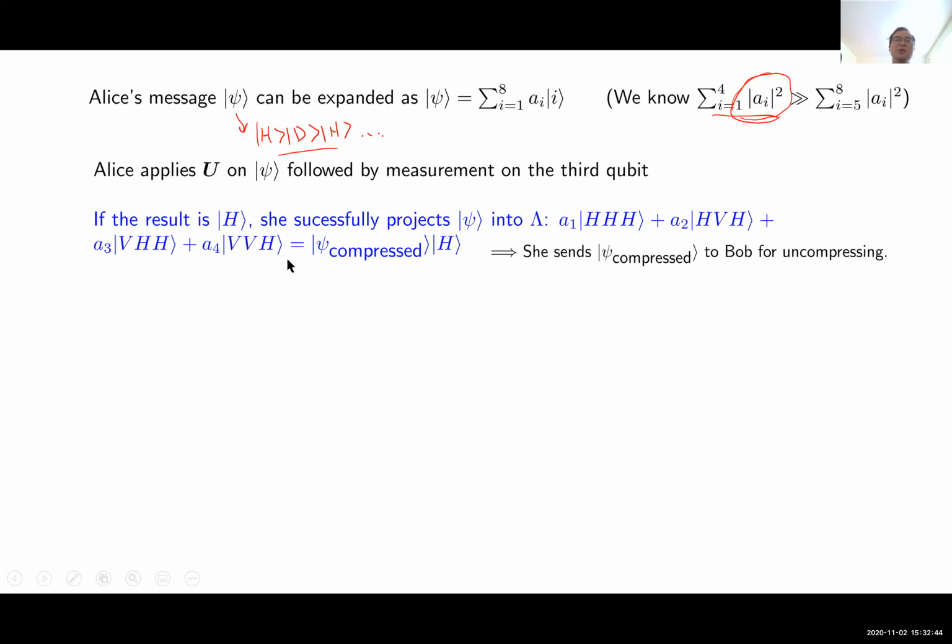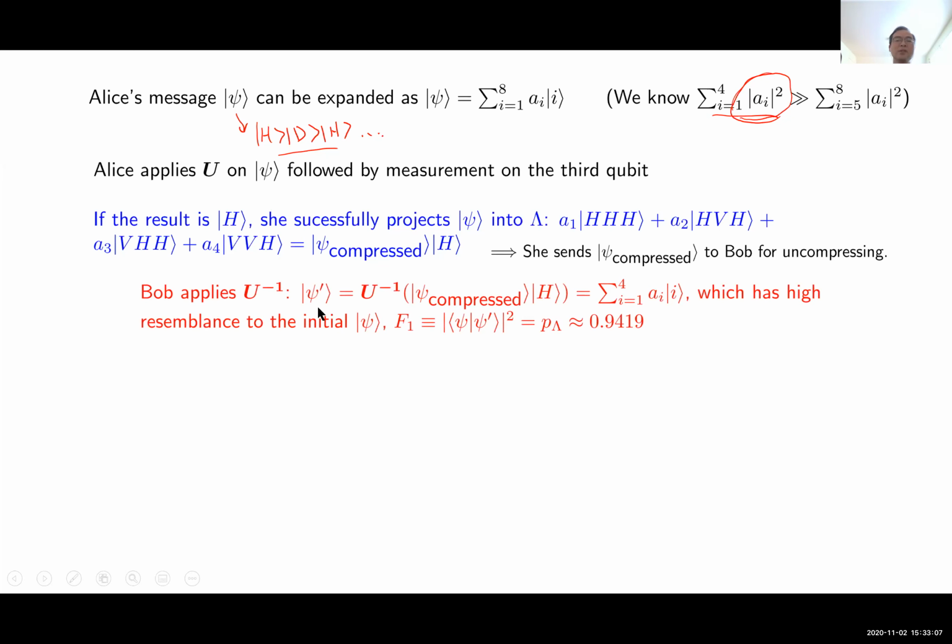She essentially projects the state into this form. But this third H is redundant, so she can just remove the third qubit, and she obtains a 2-qubit compressed message. She sends this message to Bob, and Bob can uncompress by applying the inverse of the unitary.